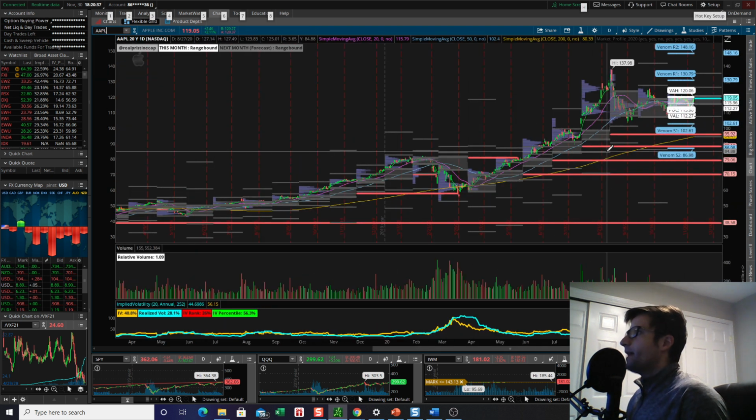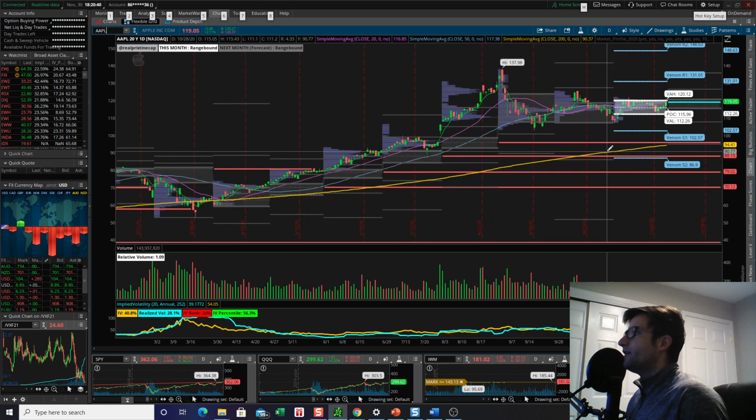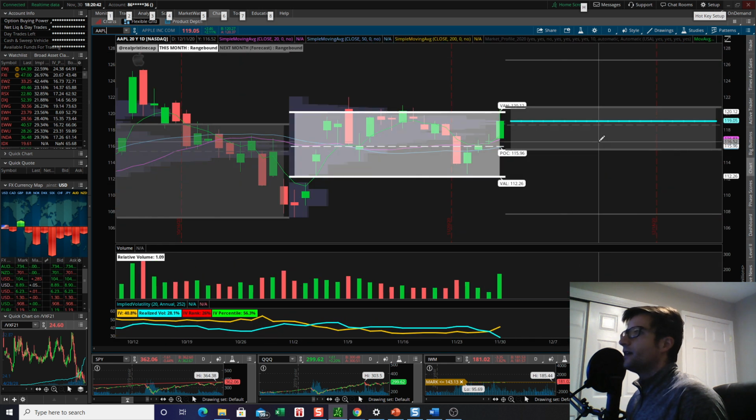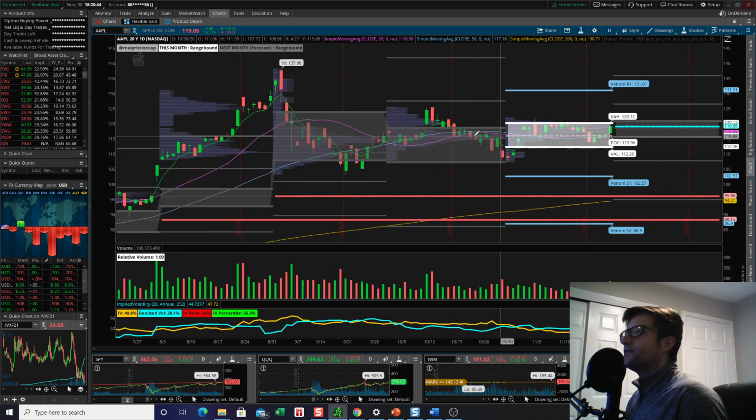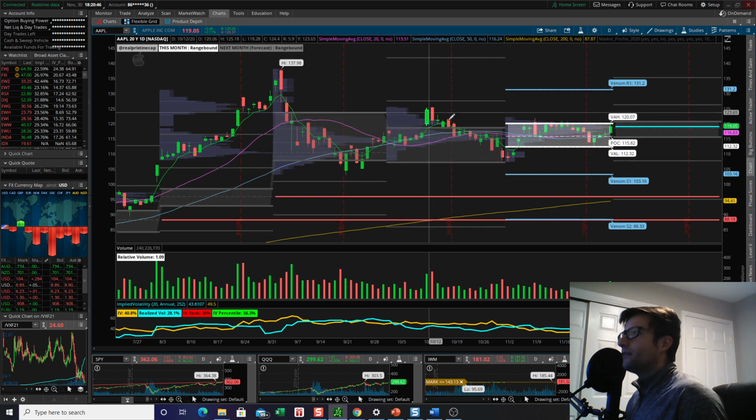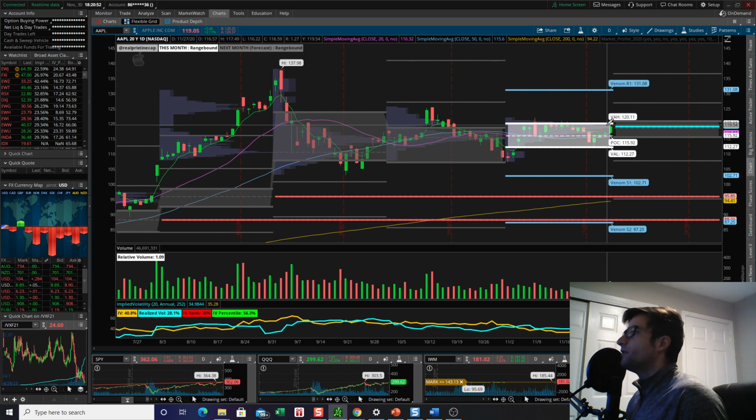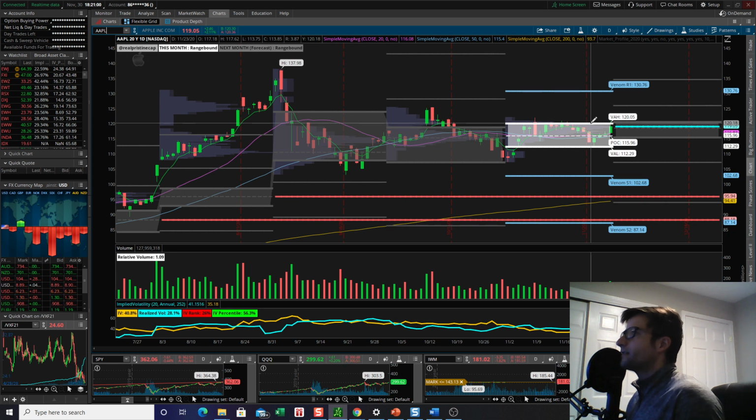So if we look at Apple, it did have a little bit of a fade towards the end of the day, but that's okay. If you look at Apple, it's really done nothing for the past couple of months, just drifting sideways. And you can see we tested the value area high. We looked above and failed here. But one thing I think is interesting is that you have all these call buyers coming in once again.